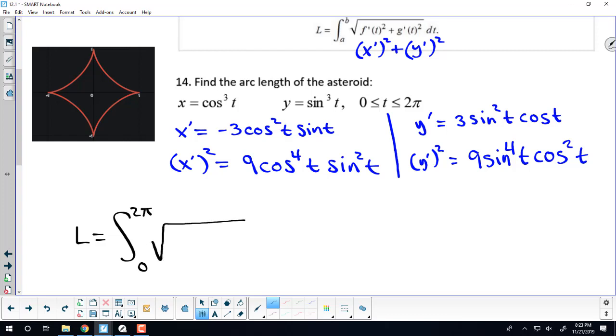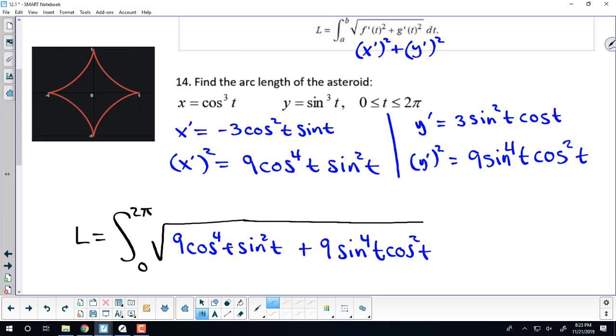It's the square root of all of this stuff added together. So 9 cosine to the 4th t sine squared t plus 9 sine to the 4th t cosine squared t dt.